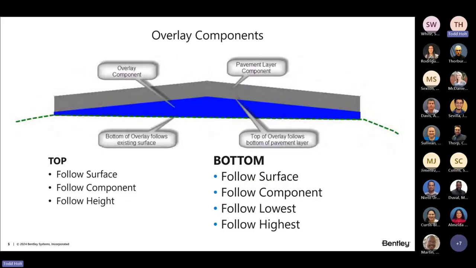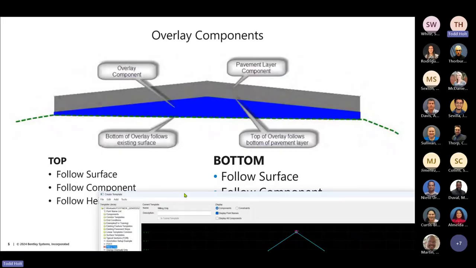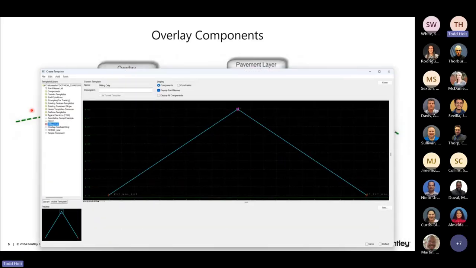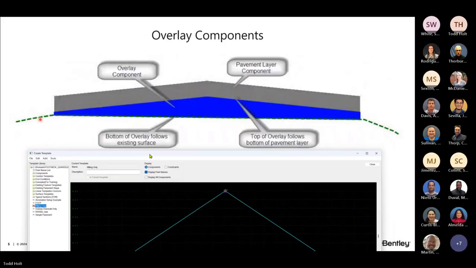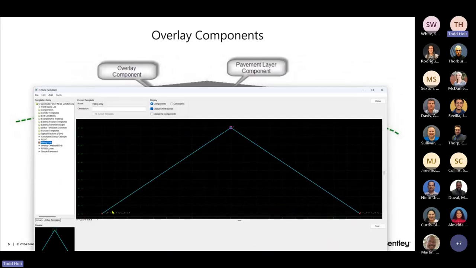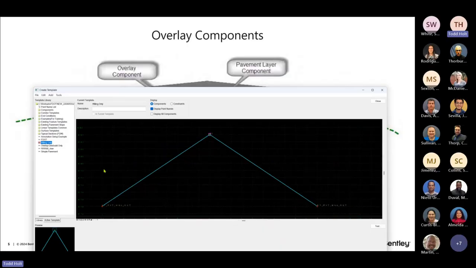And I'm going to go ahead and open up our create template. And I'll bring this open. So this is going to work with our milling only. So this is a nice diagram, but let's see what that is looking at in this. So here's a milling only component, and that is just 3 points: center line, and then our mill out to the right and mill out to the left.